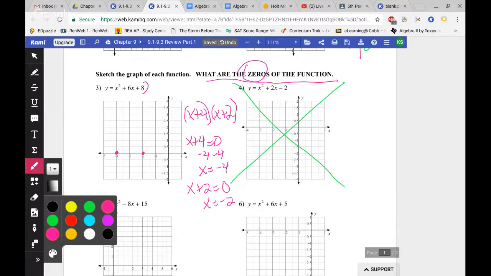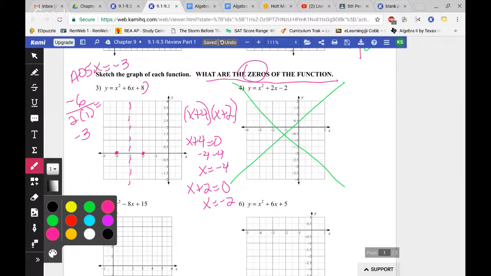And it's there. And then the next thing that I did was found my vertex. So that's the opposite of b, which in this case is 6, over 2 times a, which in this case is 1. So that's going to be -3 for my axis of symmetry and my x coordinate for my vertex.